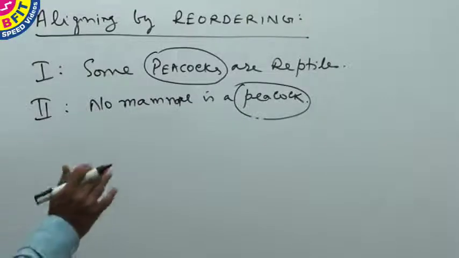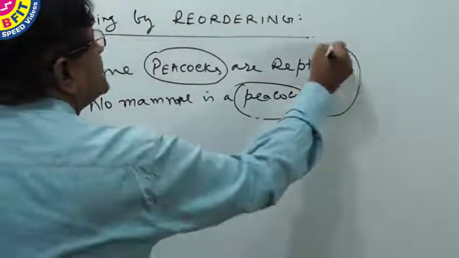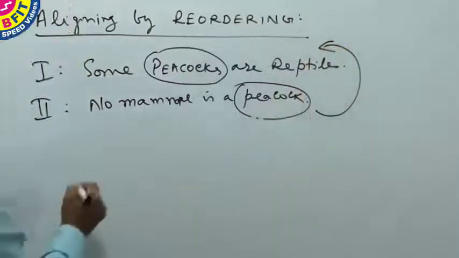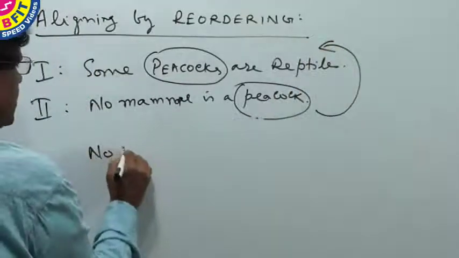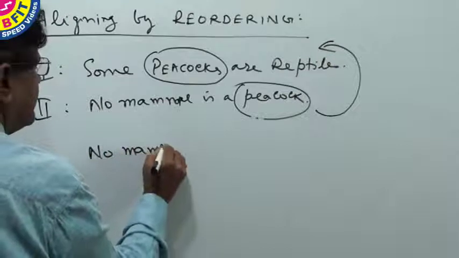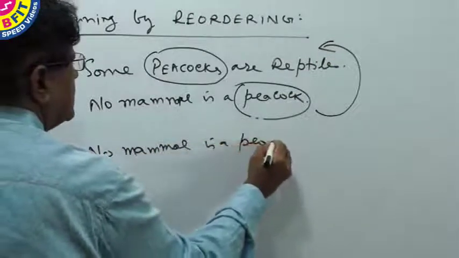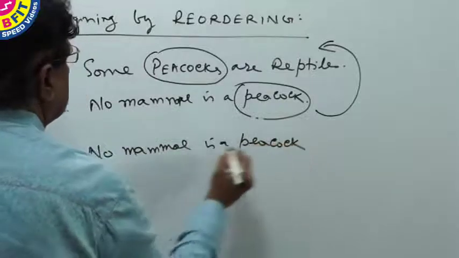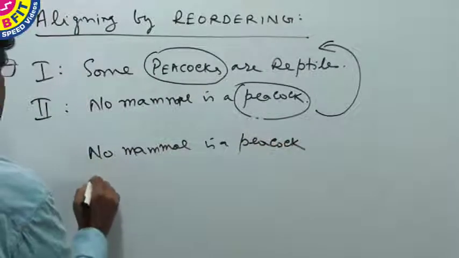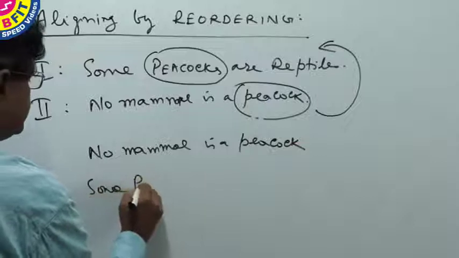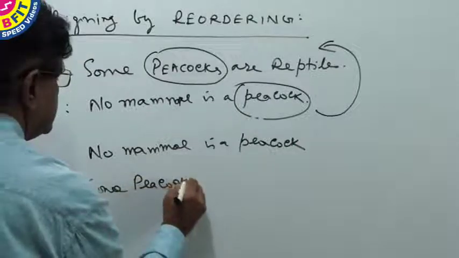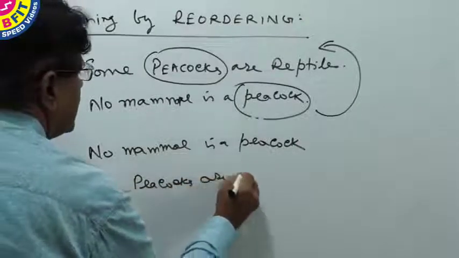Now if you bring this statement above, then it will be automatically aligned. For example, we can write this as: No mammal is a peacock. Some peacocks are reptiles.